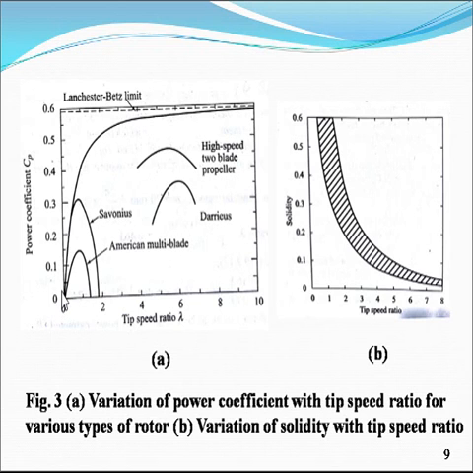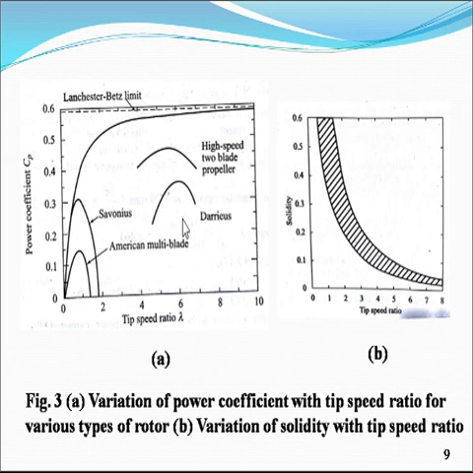Then we have the multi-bladed machine. Second is the Savonius rotor, which operates at low speed, with tip speed ratio from 0 to 2. The next is the Darrieus machine, and the fourth is the high speed two-blade propeller machine, in which the tip speed ratio varies from 4 to 8.